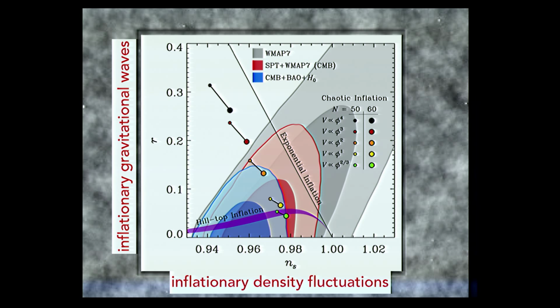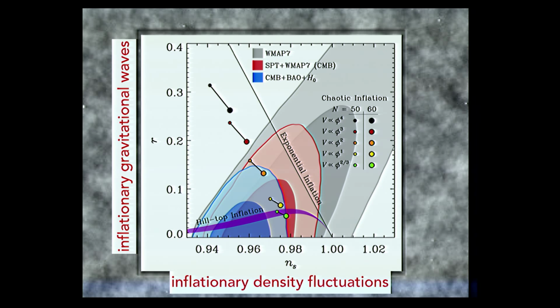Inflation has to end, so that's a really powerful measurement. So it says something like inflation really is supported. The other axis is R, which is proportional to the amplitude of inflationary gravitational waves. And there we don't have any detection, but that's, I think, one of the most exciting axes in this plot to look at, because it says that we can actually constrain and rule out some models.